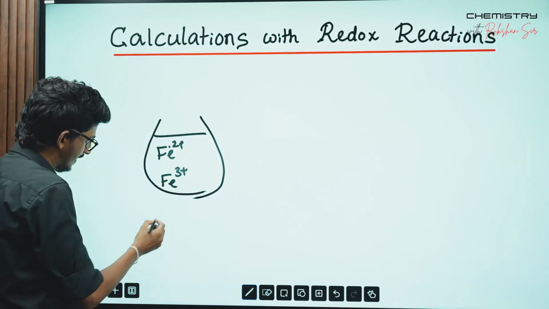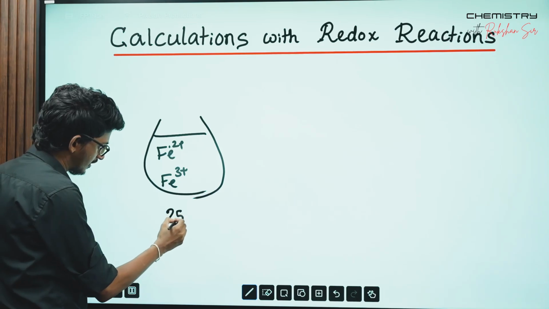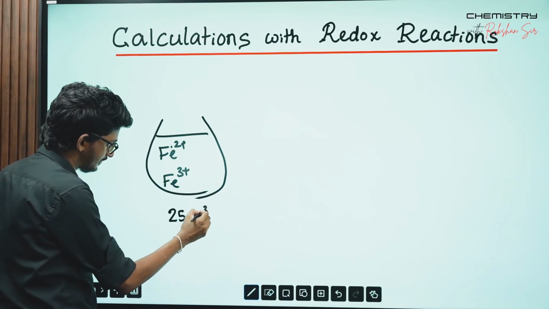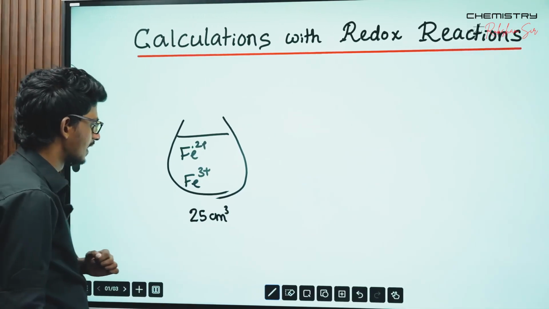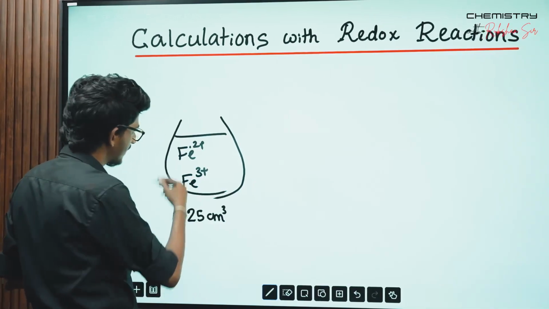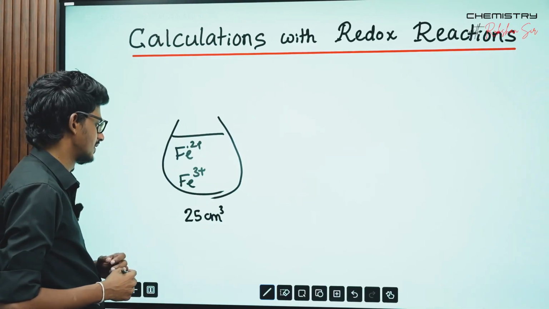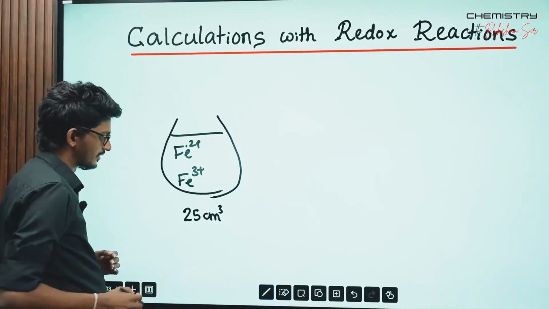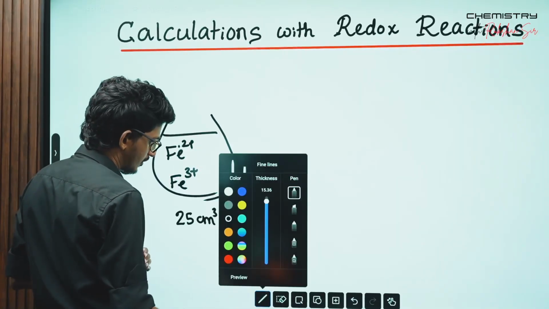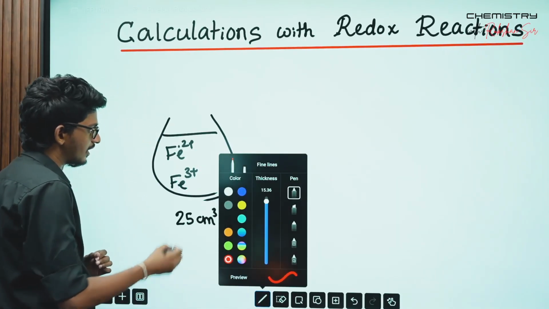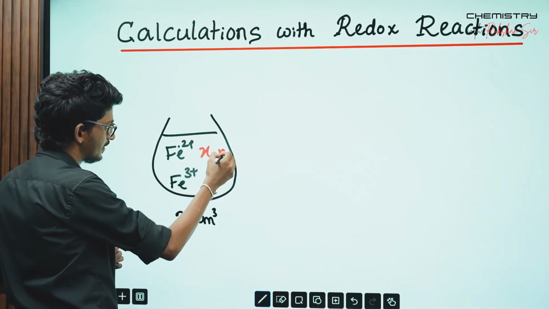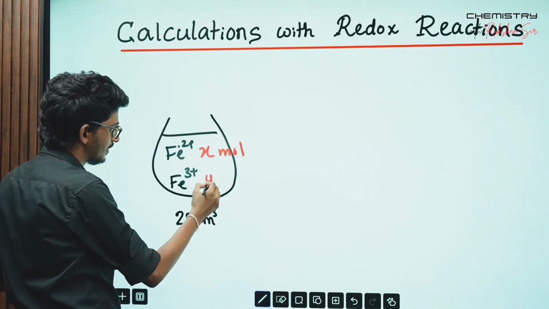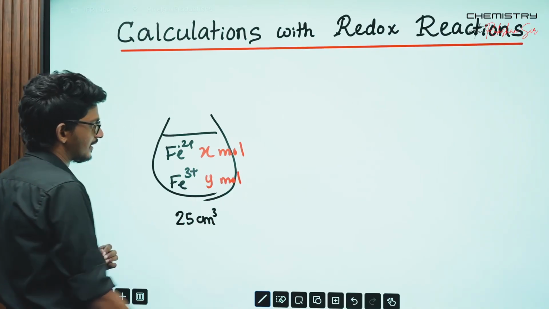Say you had taken 25 cubic centimeters of this. Now you are supposed to come up with the concentration of these two ions. So first we assign the values as x moles and y moles.